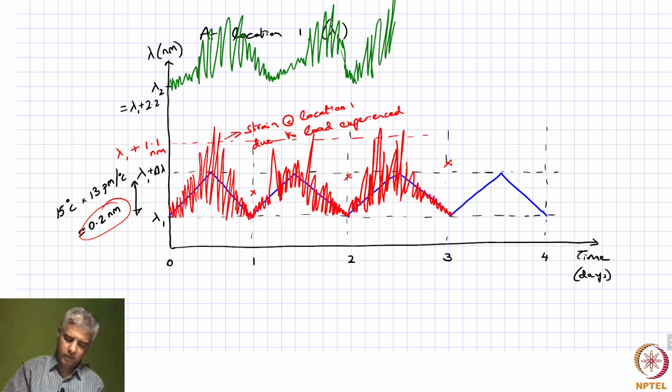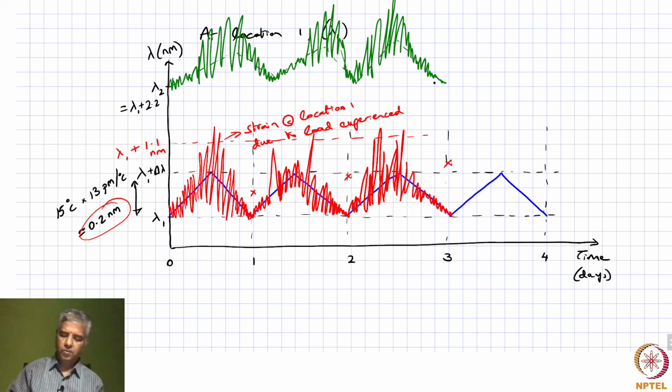You will have this traffic, and towards the night it comes down. So it's going to be like this. But the key point is, whatever temperature change the grating with the center wavelength at lambda 1 is experiencing, almost the same temperature profile the grating at lambda 2 is also experiencing.